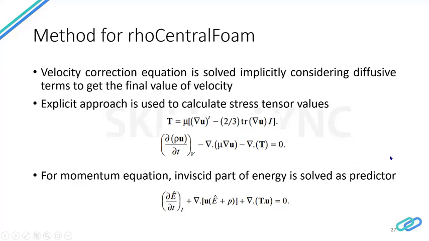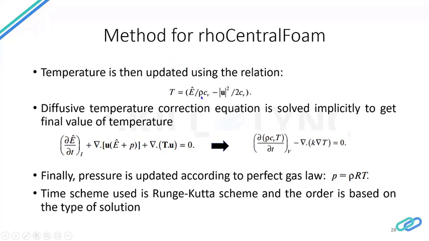Again, we can go through these later, but this is a simple procedure. After solving this inviscid part of energy, temperature is then updated using this relation, and there is a temperature correction equation, and this is solved implicitly to get the final value of temperature. From this final value of temperature, we update pressure through the perfect gas law, P is equal to rho R T.